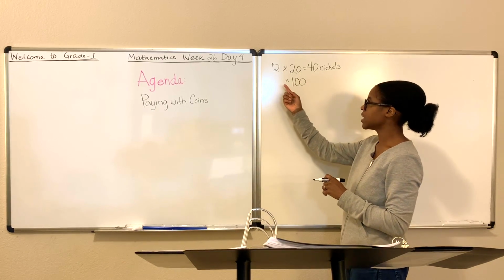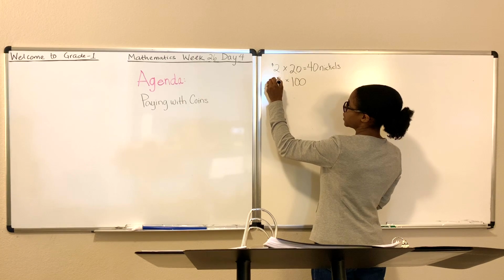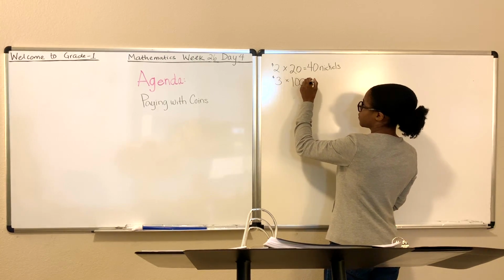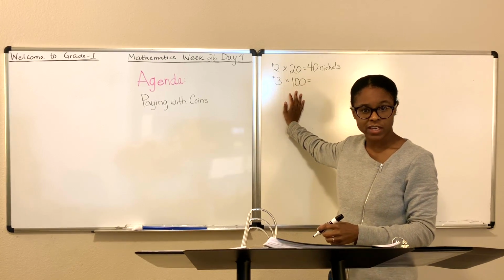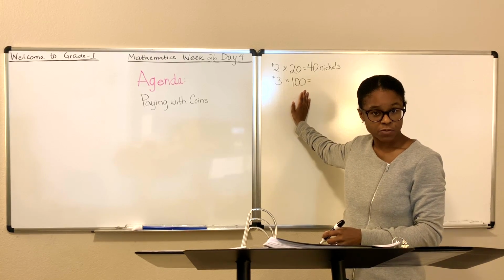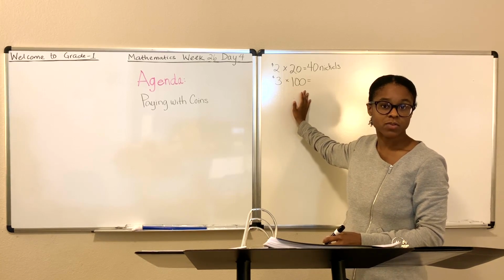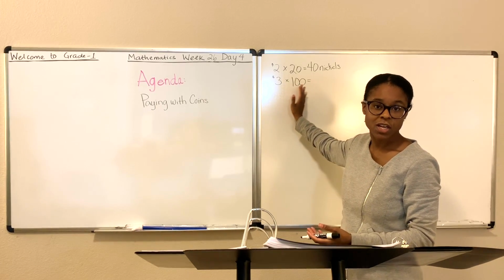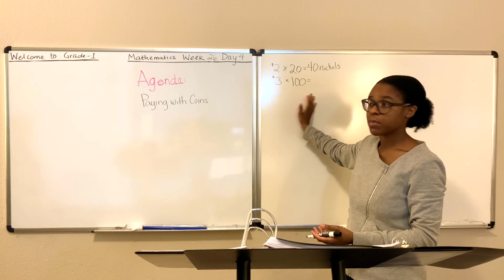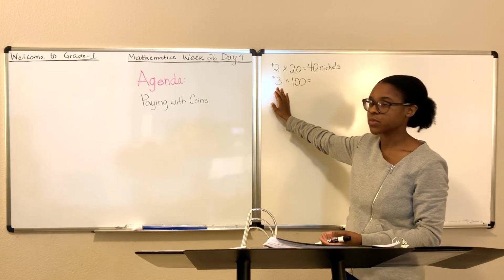So what number needs to go here? $3 costs $3. So this is a more appropriate calculation. If there were $1, then it would just be 100 pennies. 1 times 100 is 100, but it would be 100 pennies. But the price of the cereal is not 1, it's 3. So that's why we have a 3 here.